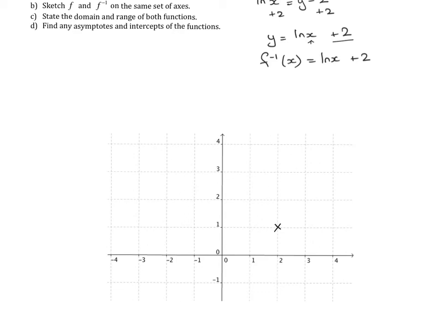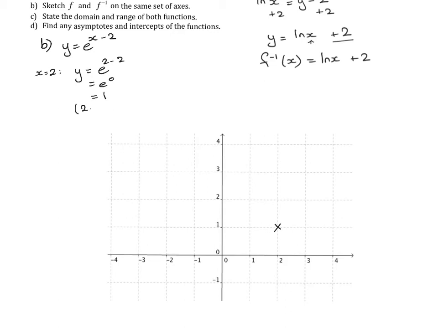Also, we know the basic function is increasing. Sorry, I should be writing this out. So for f, I subbed in 2. When x is 2, I got y equals e to the 2 minus 2, which is e to the 0, which is 1.